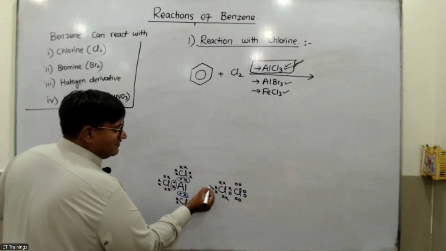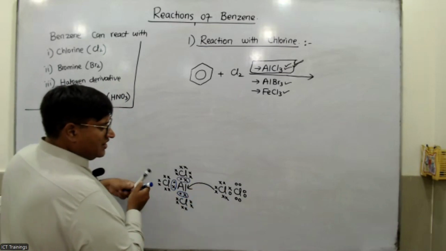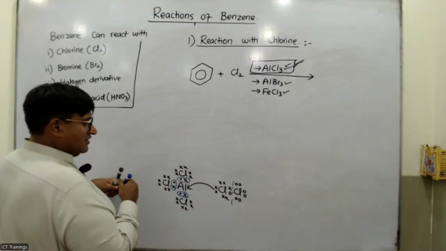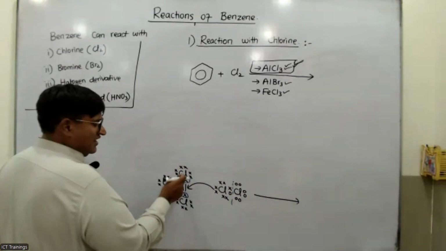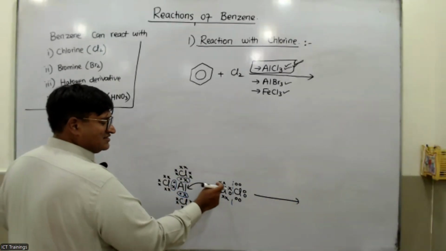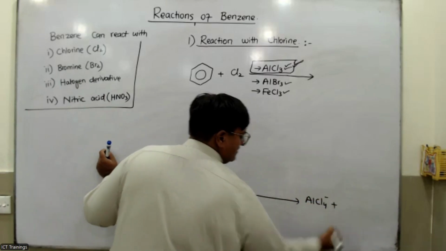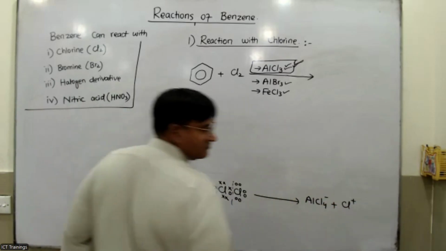This chlorine will give its lone pair to the aluminium, and it is going to snatch the electron of this chlorine as well. So what you will get? This AlCl3 and this Cl would become AlCl4 minus, and this Cl would become Cl positive.